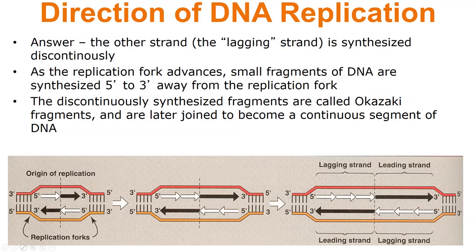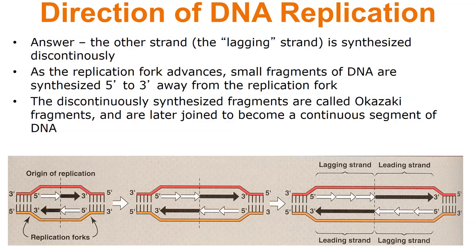It's easy to see how the leading strand is going to be synthesized. Just keep opening up the DNA and it just keeps moving along. But the other has to go in the opposite direction. So we actually synthesize one of the strands discontinuously. That means we'll open up a stretch of DNA, doesn't matter how big it is, let's say it's 100 nucleotides, and then we'll replicate that DNA going away from the replication fork. Then we'll open up another section and go away.